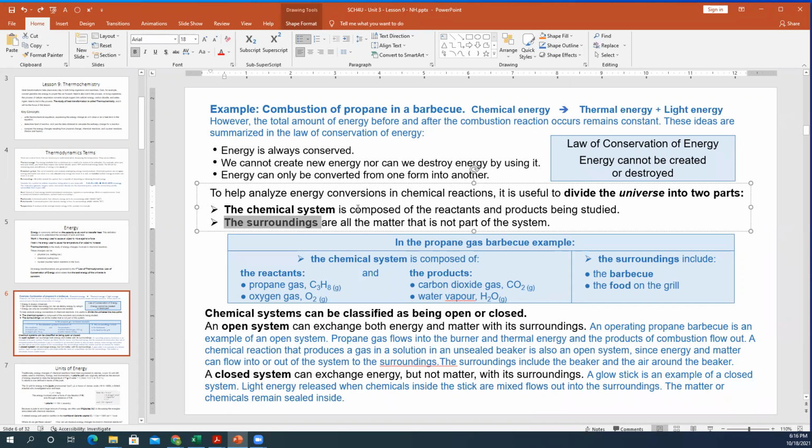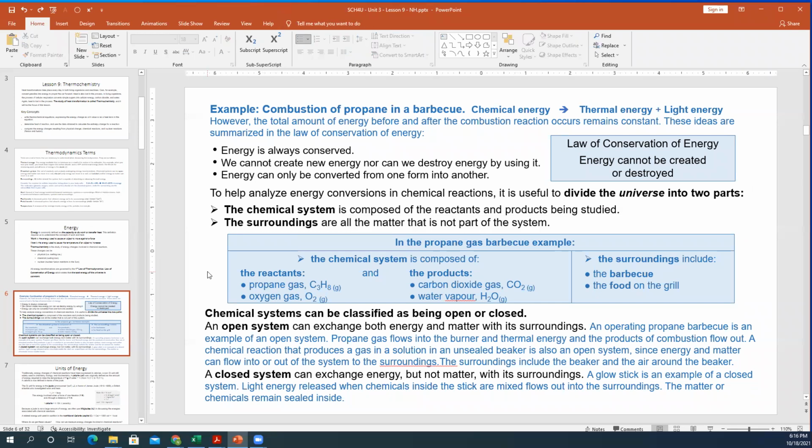So it's useful to really break it up into two separate things, the chemical system and the surroundings. So the chemical system is the reactants and the products that we are studying. And the surroundings is all the matter that is not part of the system.